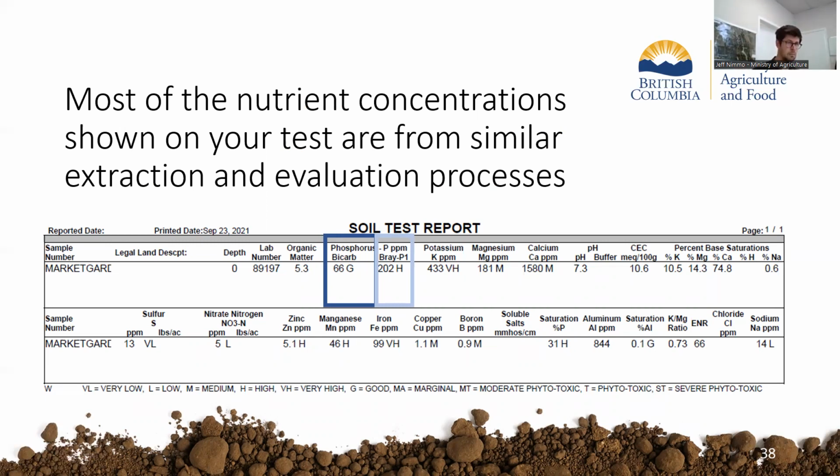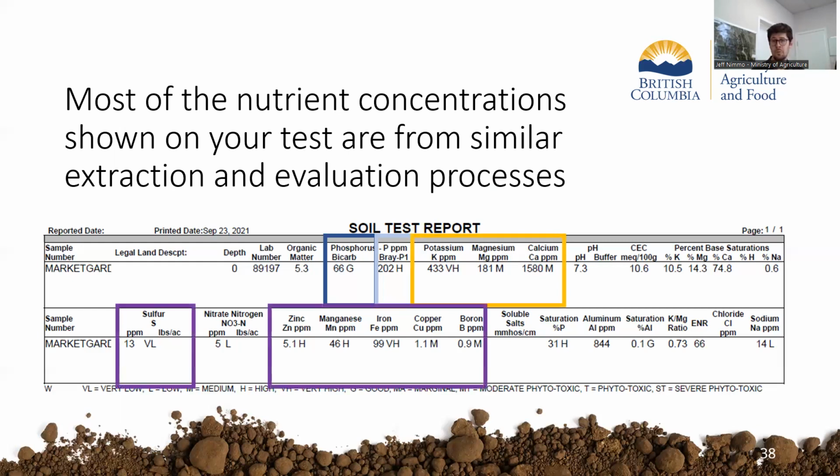We went through in a bit of detail on some of the items like phosphorus, but a pretty similar approach is used to assess a bunch of these other nutrients. So if we're looking at potassium, magnesium, or a lot of the other macro and micronutrients, some of these are done, if a lab is using a Mehlich extraction, all at once. And so it's a similar process.